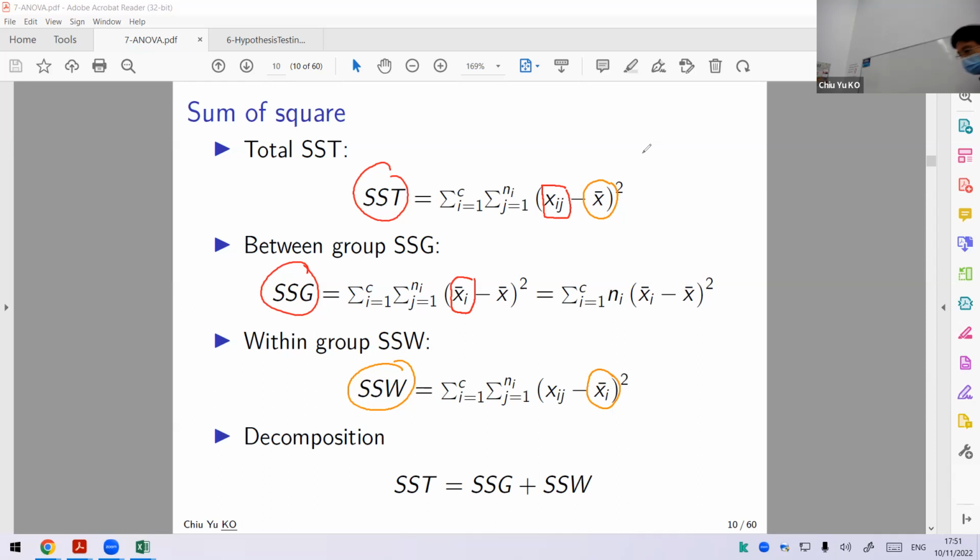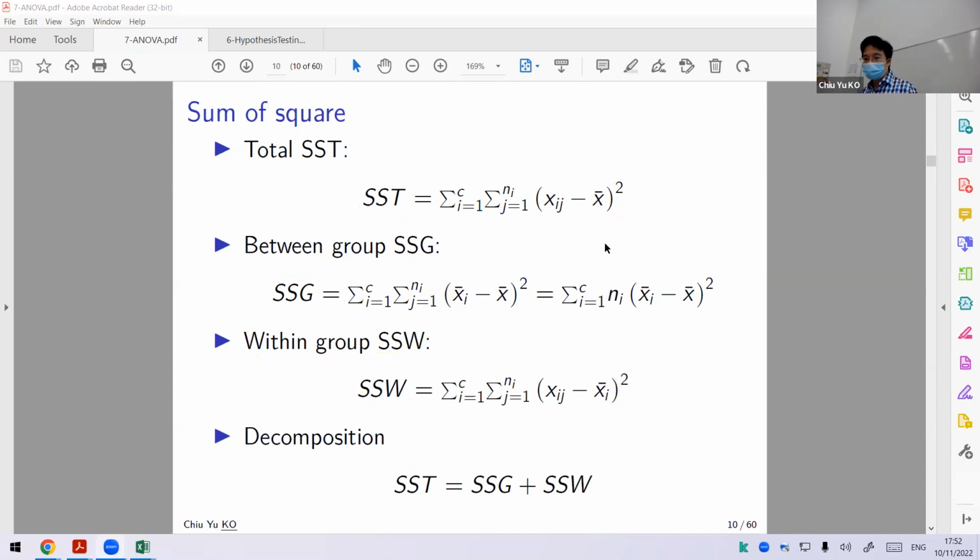It means you don't care about the other groups. You look within the group, so this is the within-group difference, and the other is the between-group difference. It can be proved, though we're not proving it here, that you can decompose the total variation into variation between groups and variation within groups. So you can always decompose it into two parts.